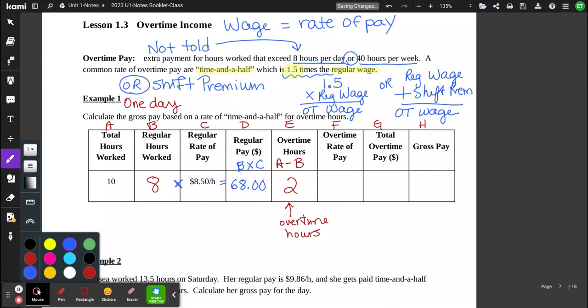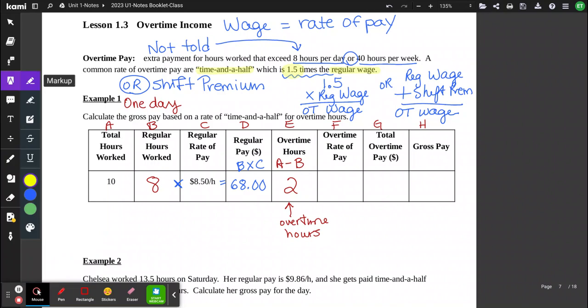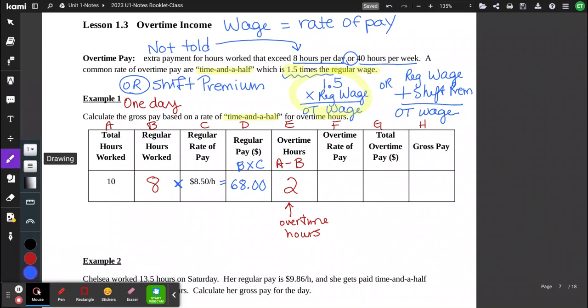All right, taking a look now at the overtime rate of pay. Well, this time it tells us time and a half, just like it did up there. So that means I need to take 1.5 times the regular wage. So to get this guy, I'm going to go the letter C times 1.5.